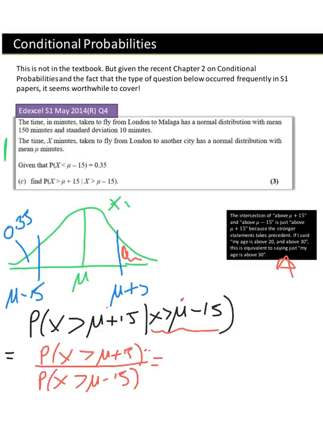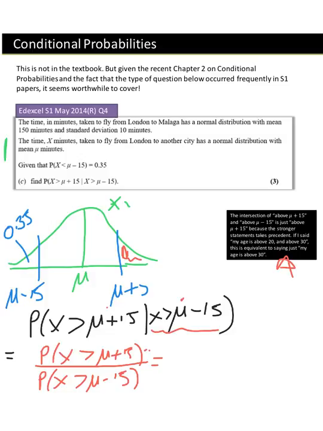Now working these out, we are told that the probability that x is greater than mu minus 15.